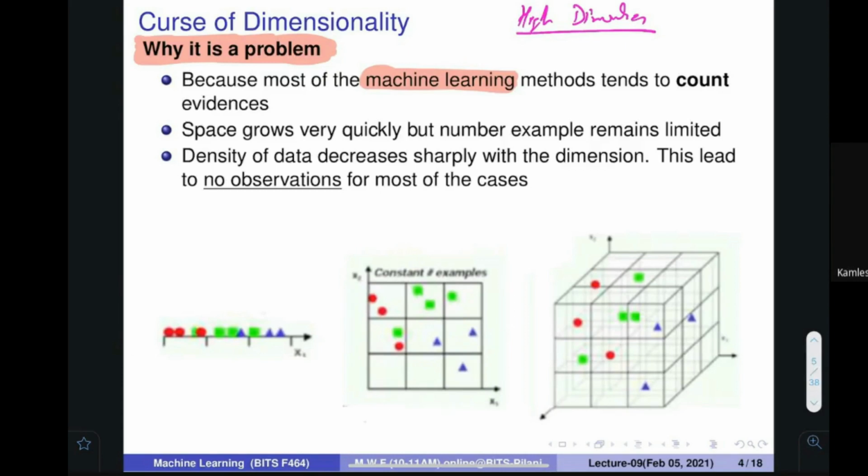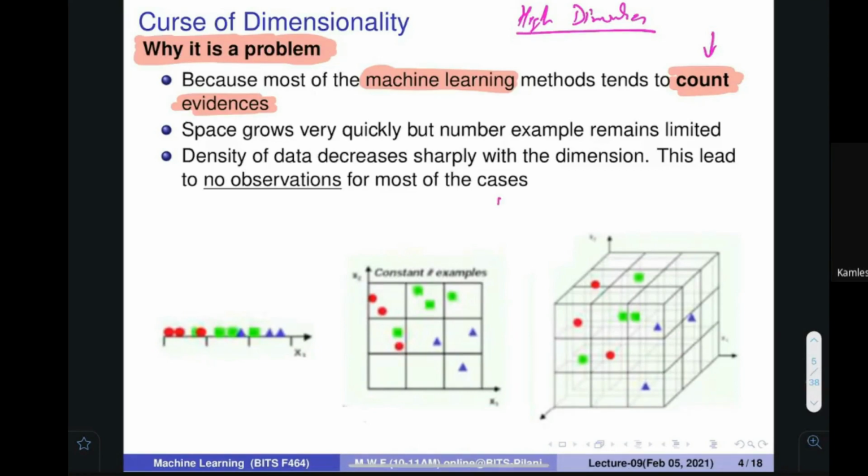So you actually count the evidences, how many times it has happened. You actually go and count the evidences. So counting becomes difficult if the number of examples is very large.